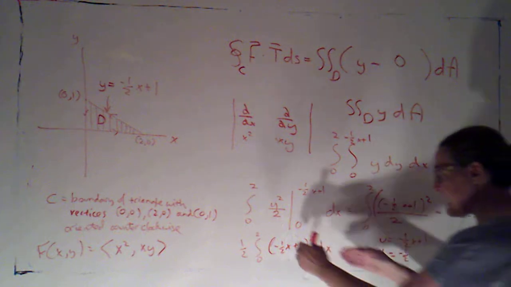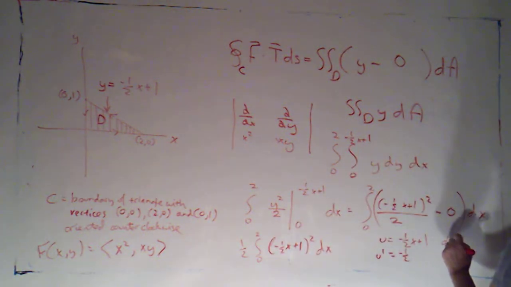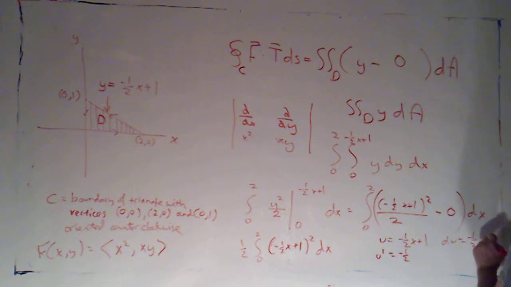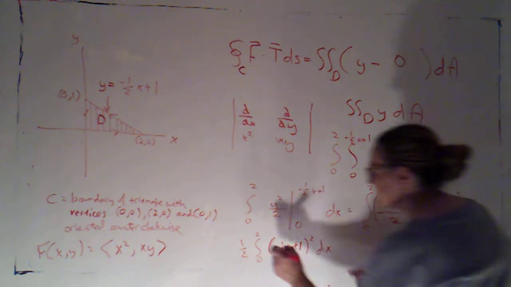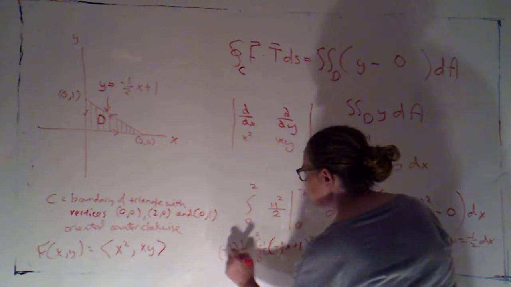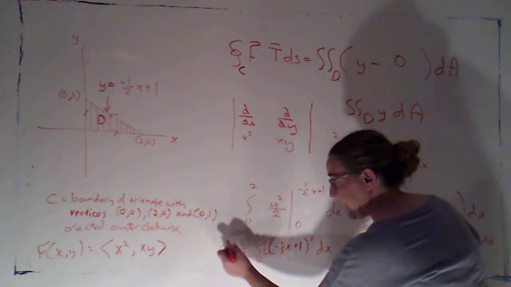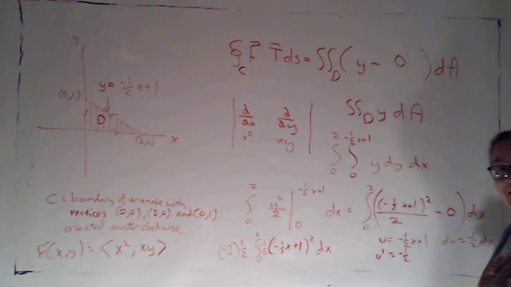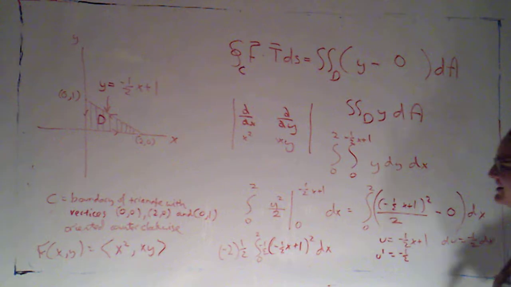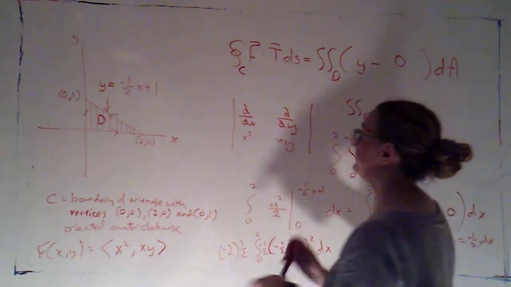So I may not have anything outside of this function composition, but if all I need for my du is a -1/2, I can easily introduce that. I'll introduce a -1/2 here, counterbalanced with a -2 on the outside. Of course, the 2 and the 1/2 will cancel. I suppose I could have just kept that 1/2 on the inside if I wanted to, but it will now be a negative that I have.